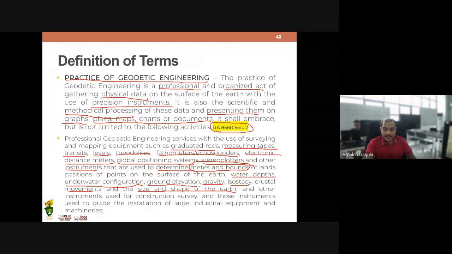And other instruments used for construction survey, and those instruments used to guide the installation of large industrial equipment and machineries. This part on machineries and industrial equipment is the determination of the suitable place for installing that equipment and machines.